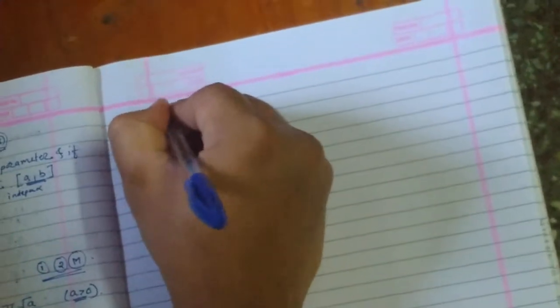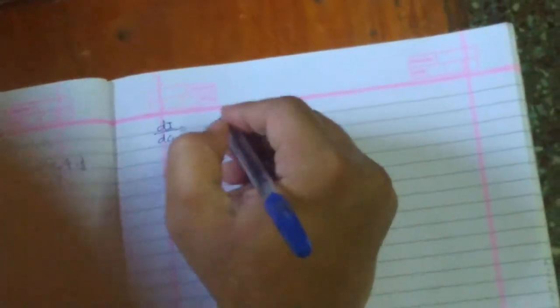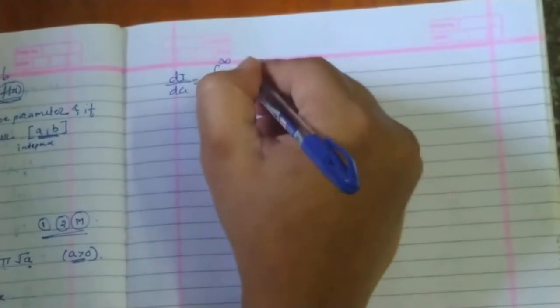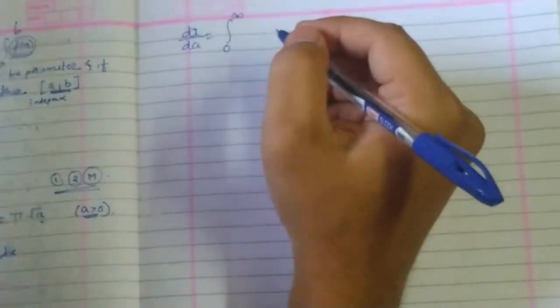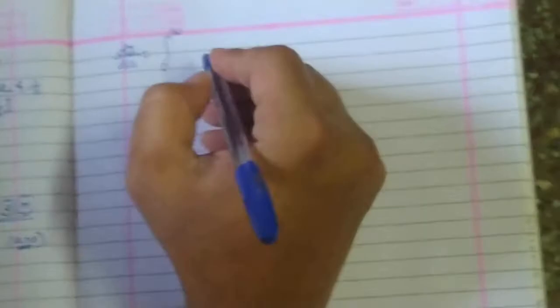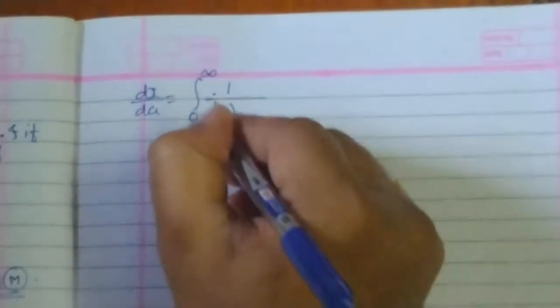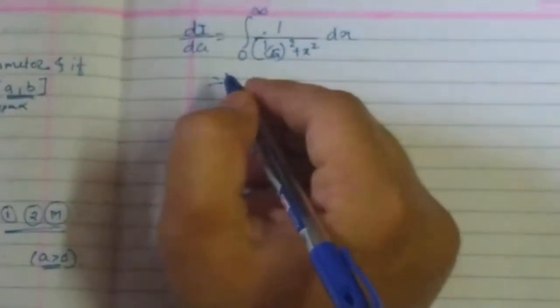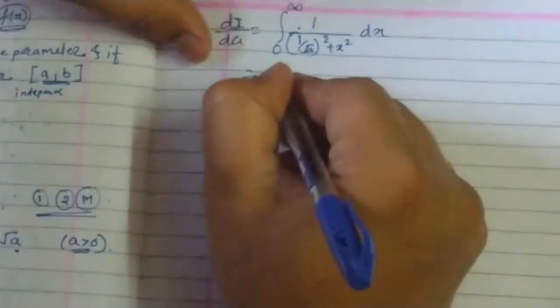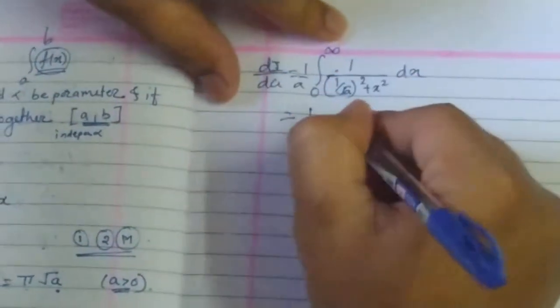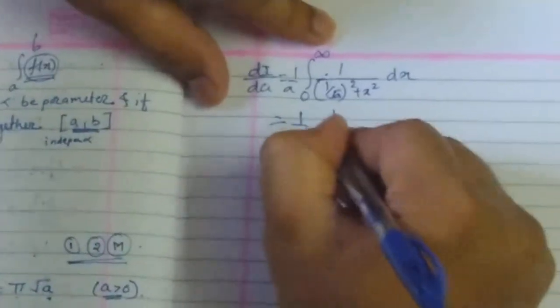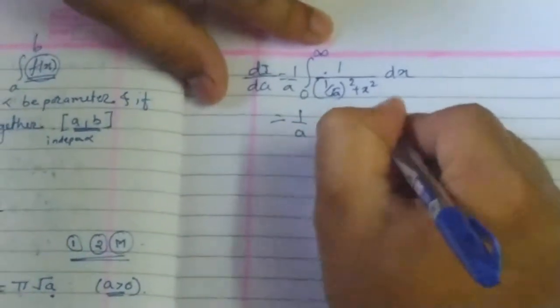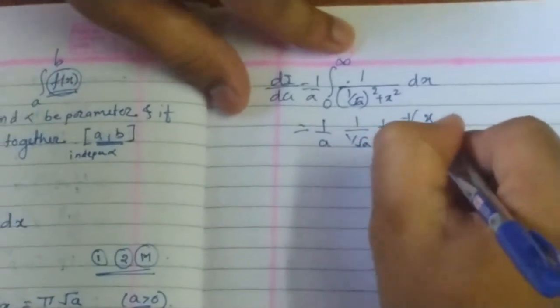Okay, so hence what I am getting, dI by da is equal to integration from 0 to infinity, 1 upon root a square plus x square dx. Okay, fine. So the answer becomes 1 upon a into 1 upon root a into tan inverse of x upon 1 upon root a.